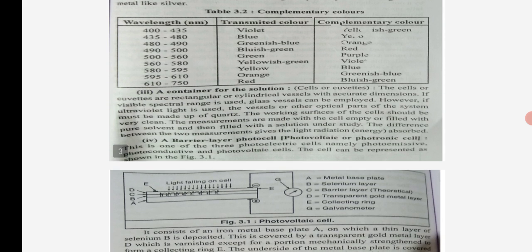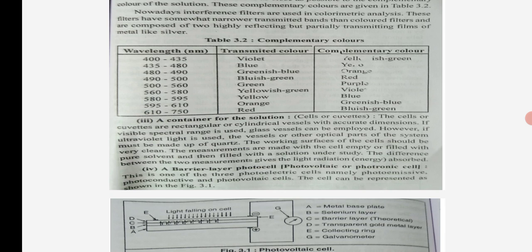And the third source is a container for the solution, cells or cuvettes, and these cells or cuvettes are rectangular or cylindrical vessels with accurate dimensions. If the visible spectral range is used, glass vessels can be employed, however if ultraviolet light is used, these vessels or optical parts and systems must be made of quartz.